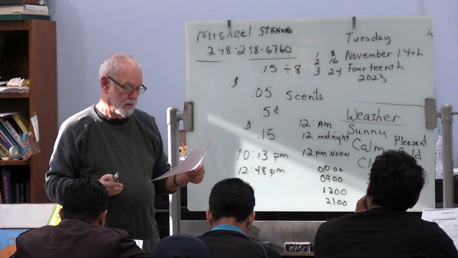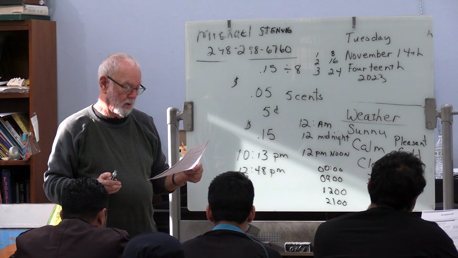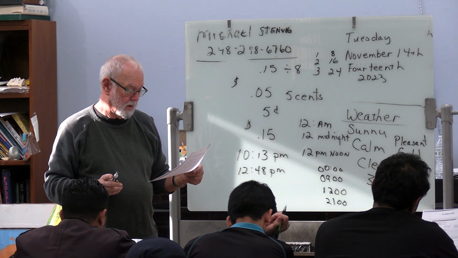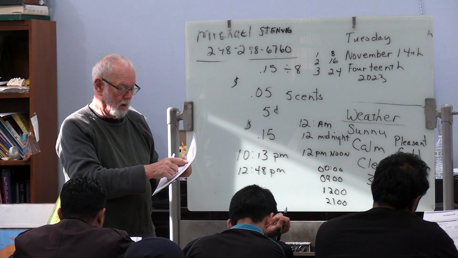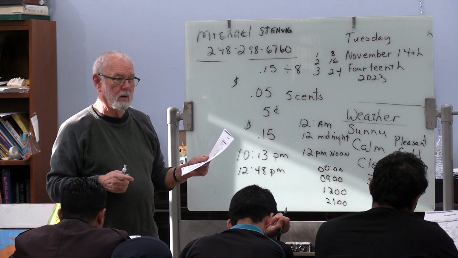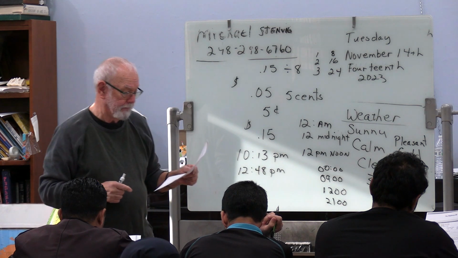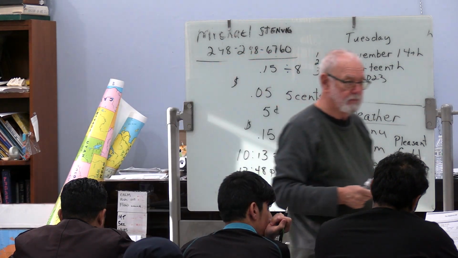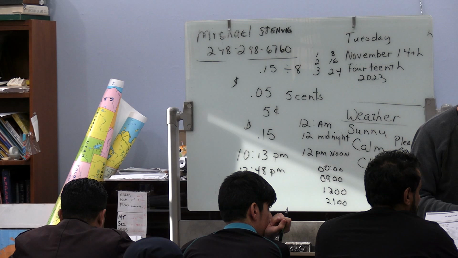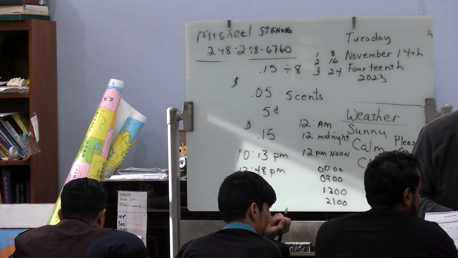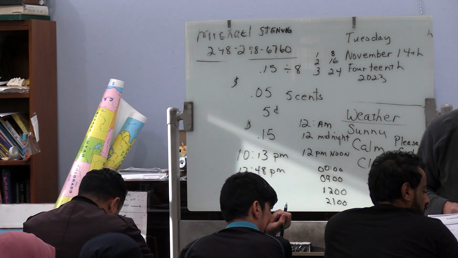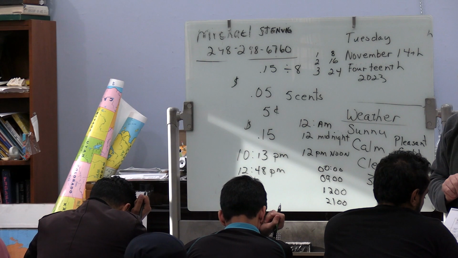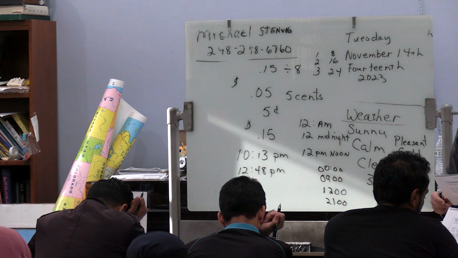California 619. I don't see 619. Look here. Pacific Bell, long distance, zone calls. San Diego. Right here.